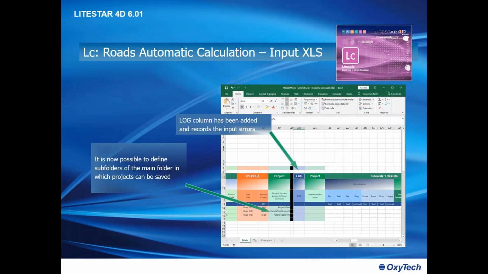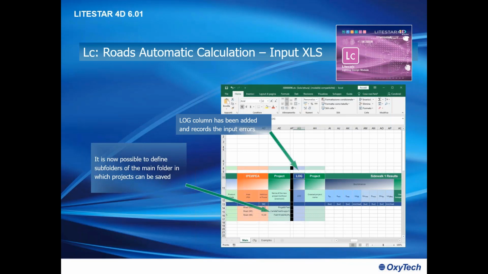So, for example, you can save the project to a folder corresponding to the same street. If you want to perform and study different cases, you can save them in that folder corresponding to the name of a single road. But it is also possible to define a single name for a project.